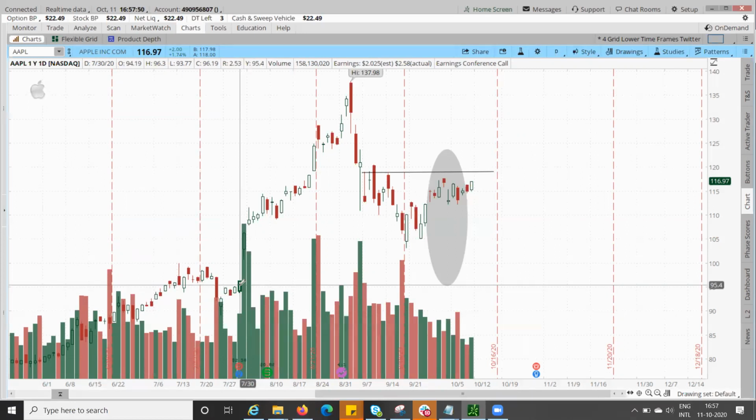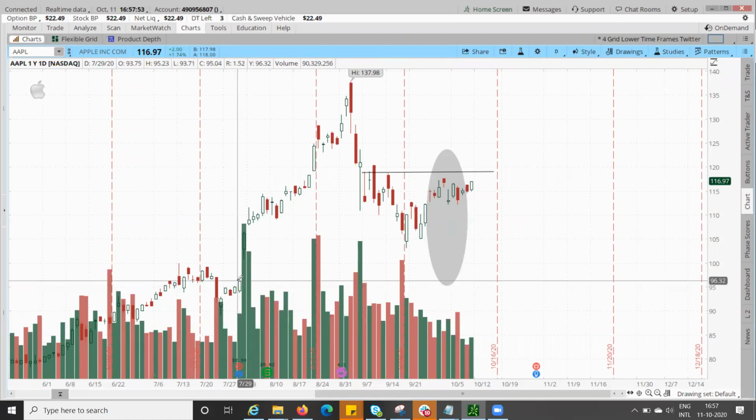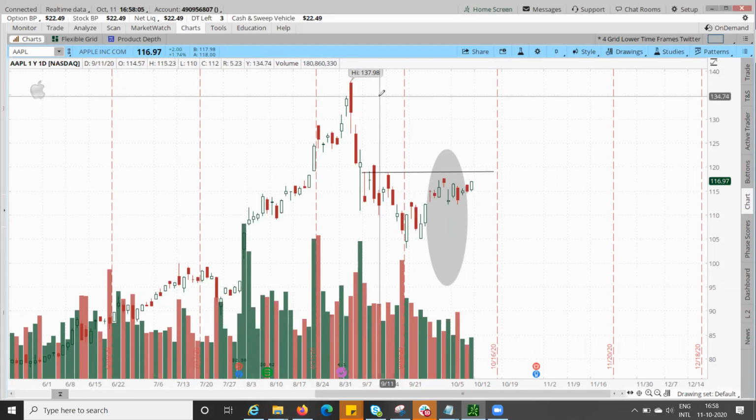It closed at 96.19. If it touches 96, it's the best trade of your life to enter in Apple. If it comes to 96, it will beat 137 after it goes above 96. And the same thing is true for the upside as well, which means that the stock has dropped significantly all of a sudden.